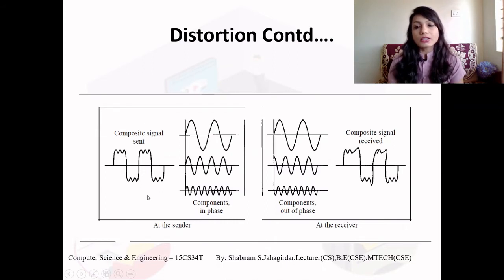This signal has changed its form and shape, because this composite signal has multiple components, and all the components have not reached properly. This has reached at 0, this has reached with a phase delay, and this one also has reached. So in the final signal you have not got the same. This is known as distortion.